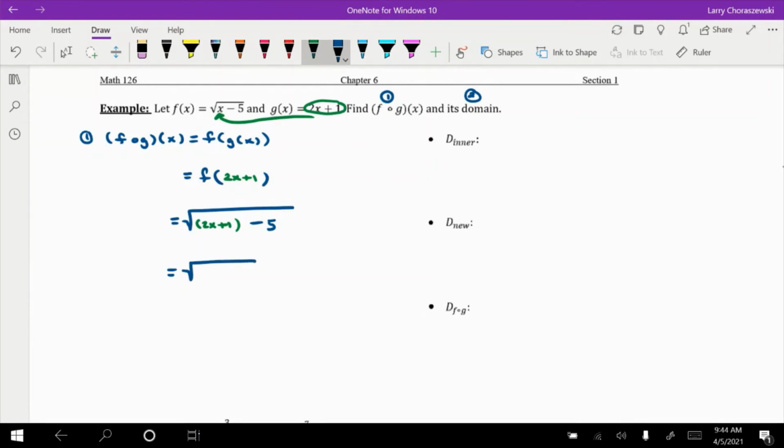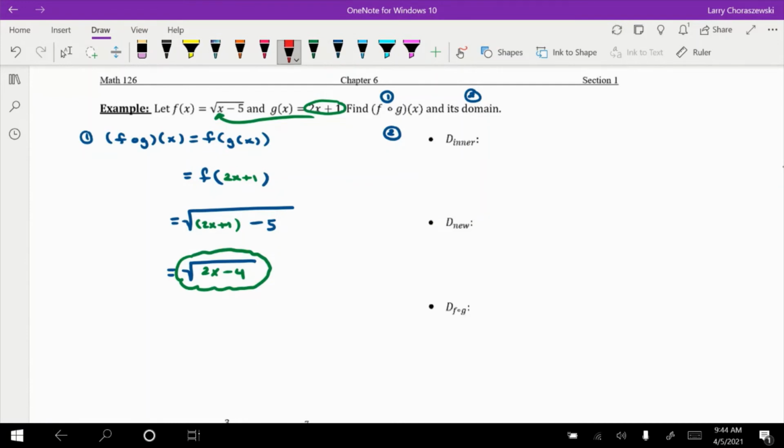And that's going to simplify to 2x minus 4. And I think I'll leave it at that. So that's our composition function. We'll move to part 2.